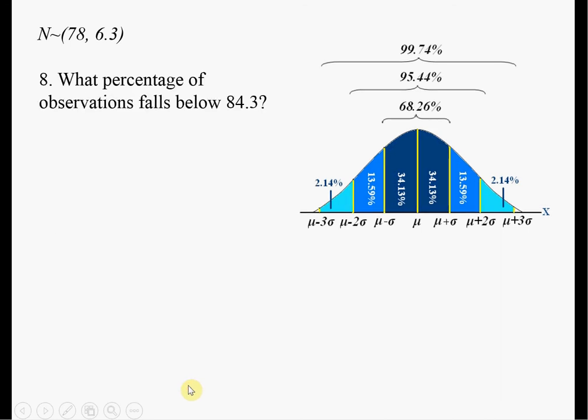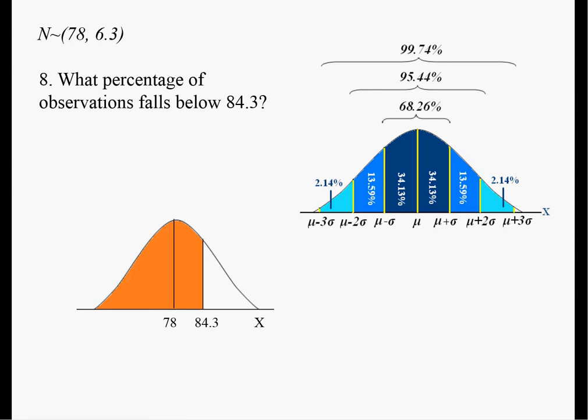Question number 8: what percentage of observations fall below 84.3? Let's draw this diagram. 84.3 is larger than 78, larger than the mean, so that's why we draw 84.3 to the right of 78. The percentage of cases that fall below 84.3, all these values are lower than 84.3, so we need to find out the size of this orange area.